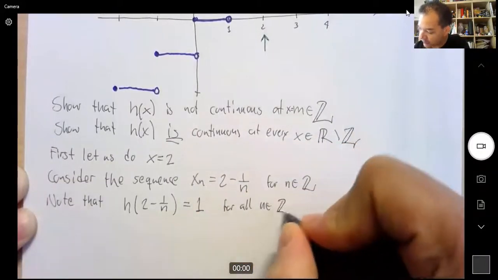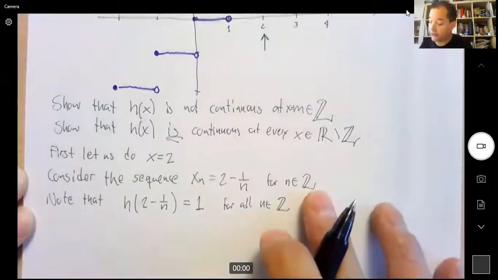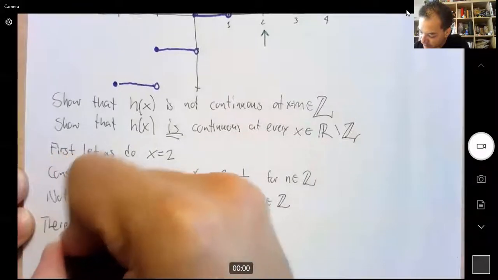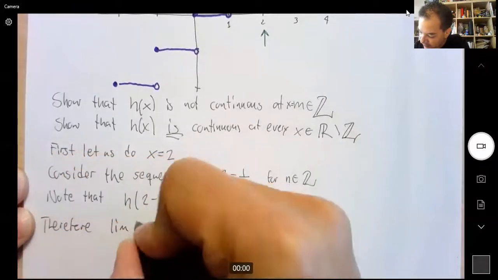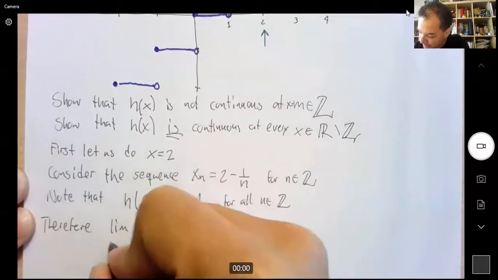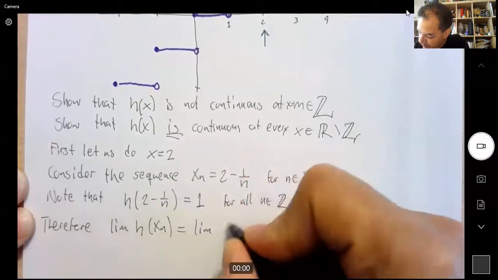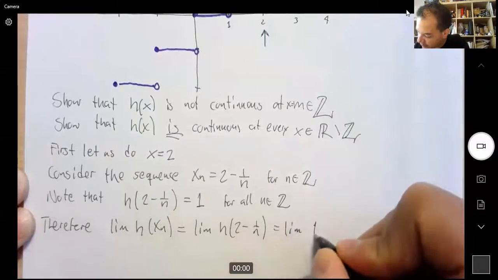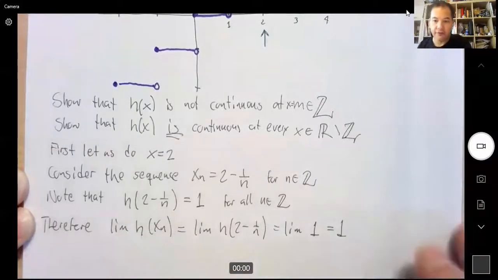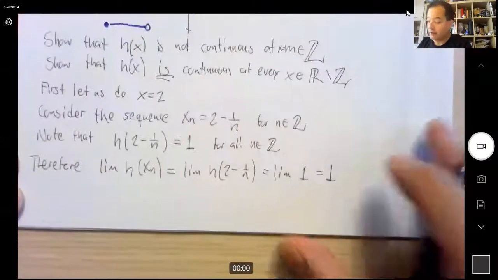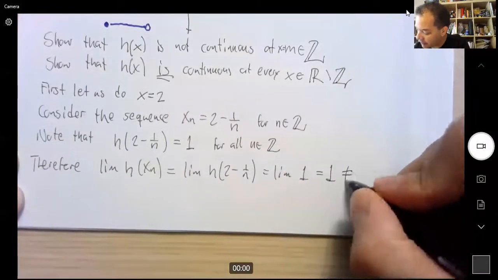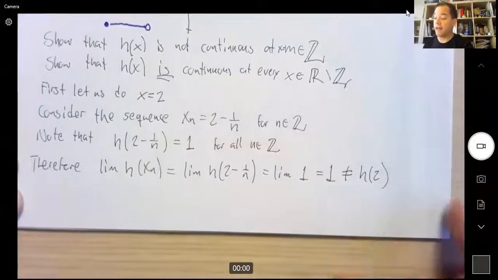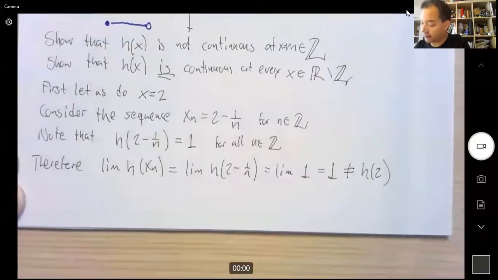And if we have a constant function, the limit of that constant function is the limit of h of xn. Well, that's the limit of h of 2 minus 1 over n. Well, that's the limit of the number 1. So we get 1, right? But 1 is obviously not the same as h of 2. And that's it. That's a proof that this function is not continuous at 2.